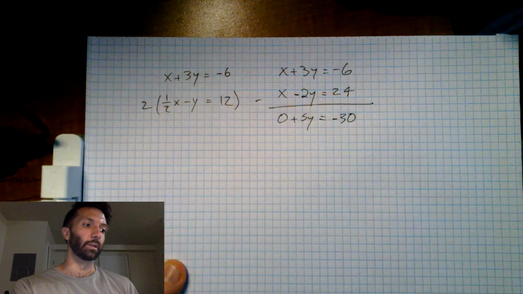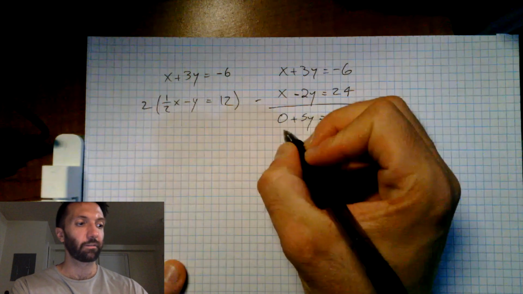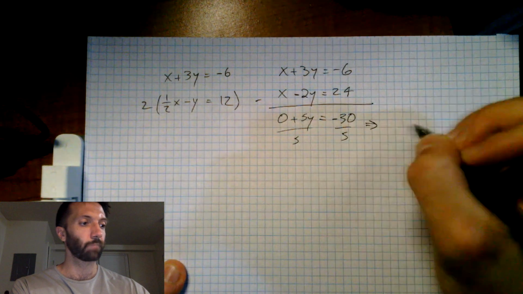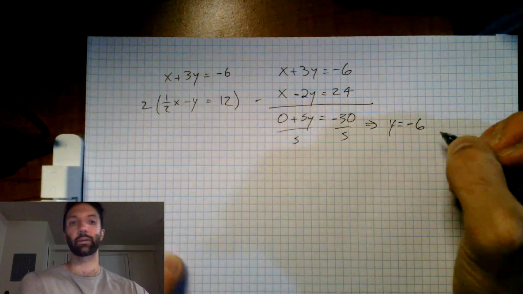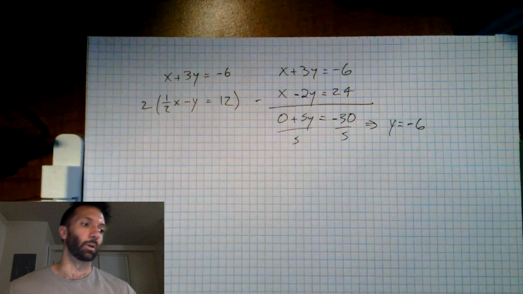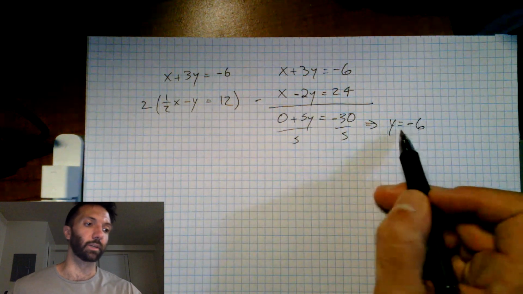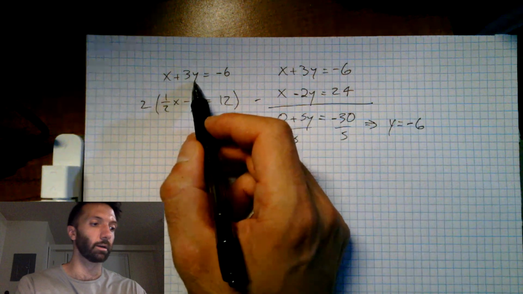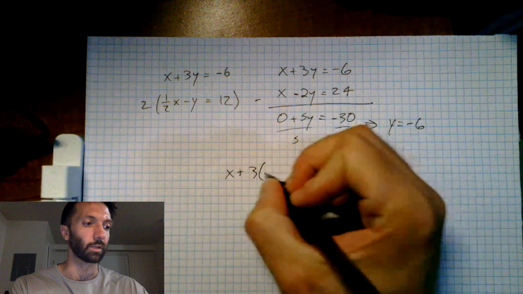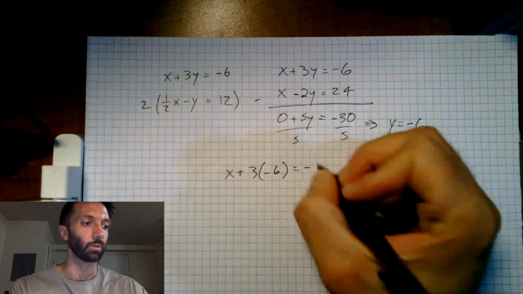And then I can divide both sides by 5. And we see that y is negative 6. And then I'll go ahead and substitute my negative 6 into y over here. So I have x plus 3 times negative 6 equals negative 6.